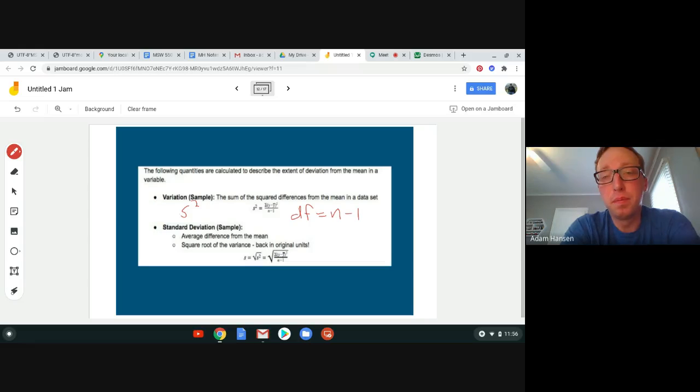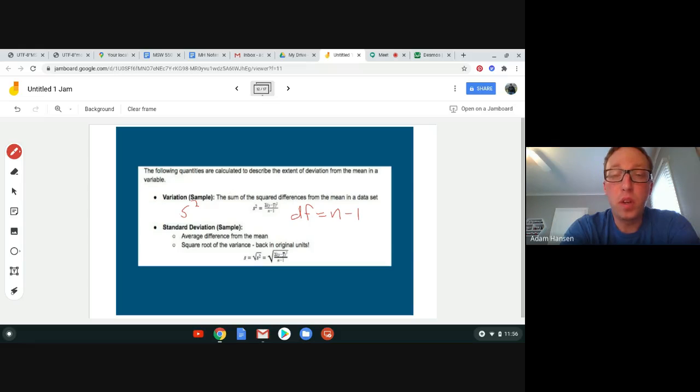Another explanation would be if I have a data set of size n and I tell you the average, you would only have to know n minus 1 of those data points to figure out what the last one would be. So for example, if there is a data set with 5 different values and you're told the average, once you know 4 of them, the 5th one can be found pretty easily.